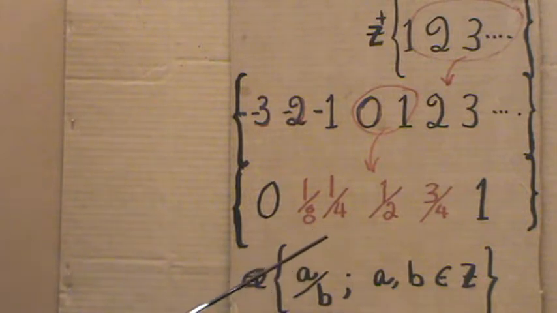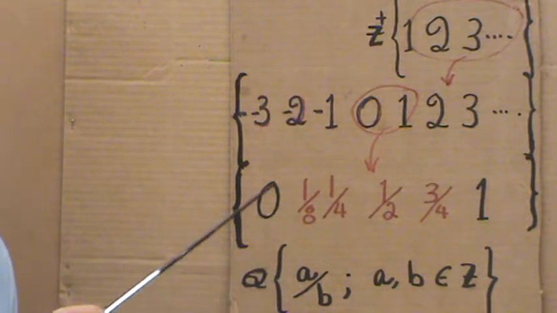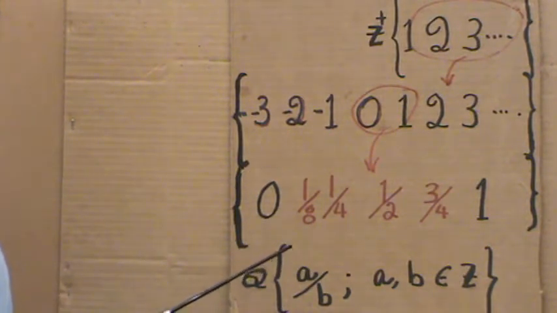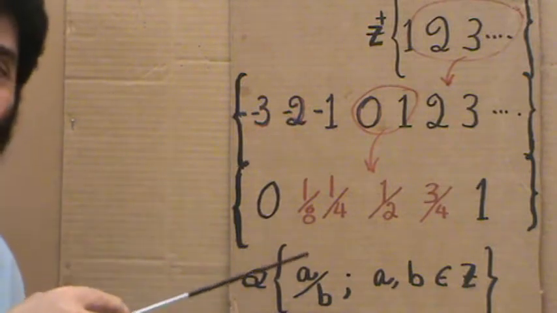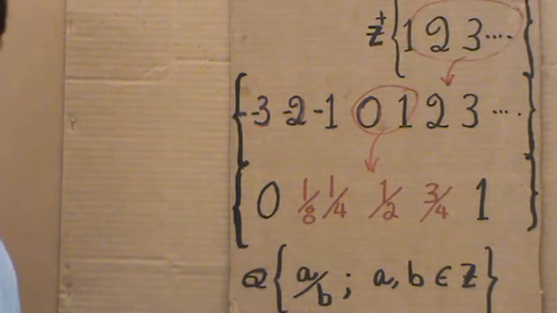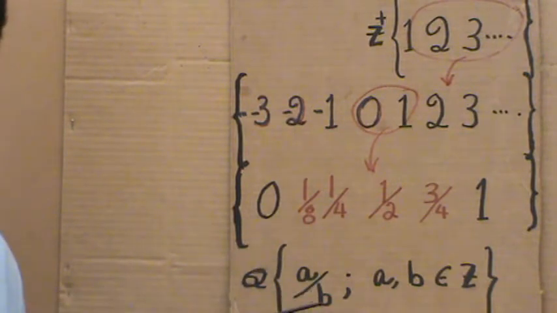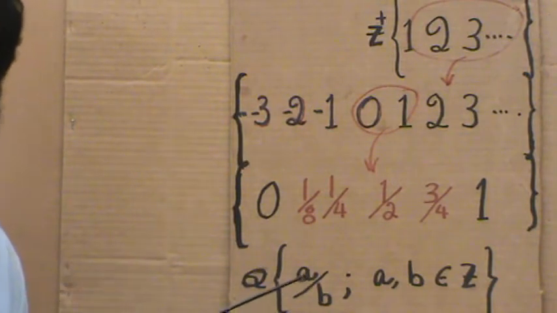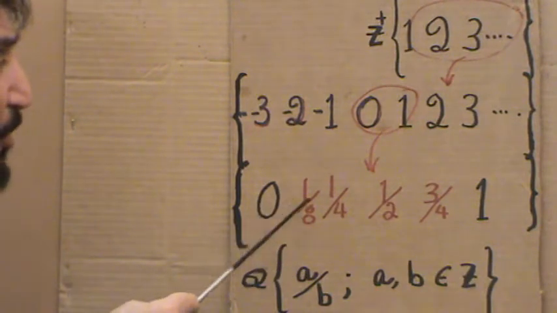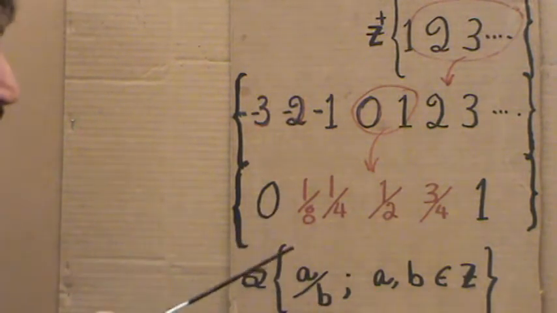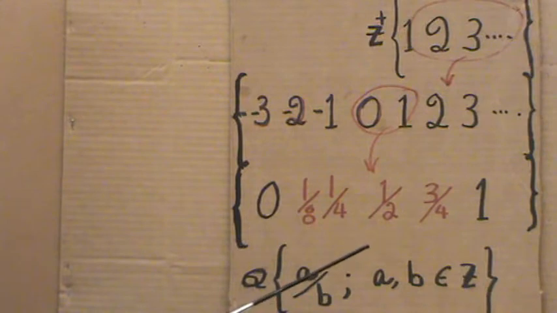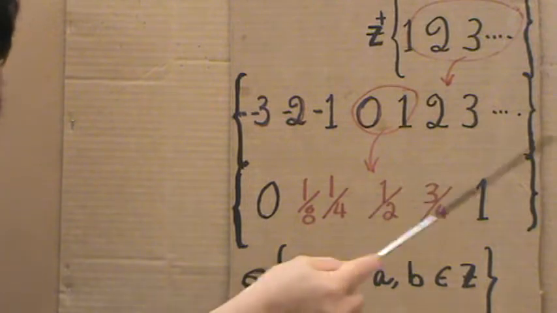In fact, between any two rational numbers, there is another rational number, which is the average of them. So the set of rational numbers is a dense set. So between 0 and 1 alone, there are infinitely many rational numbers, as I have put some of them for you to see. Now, the same goes between 1 and 2.